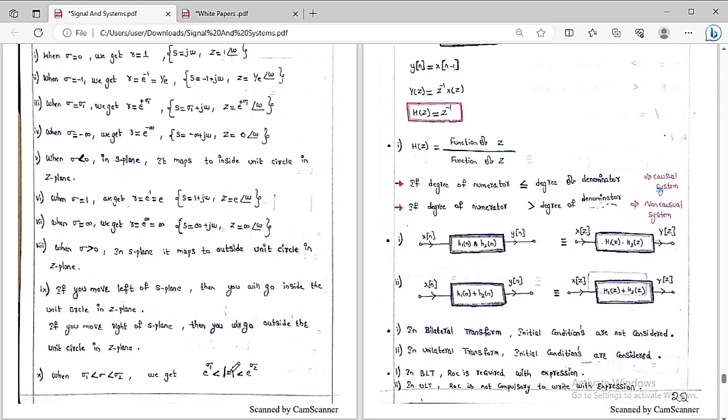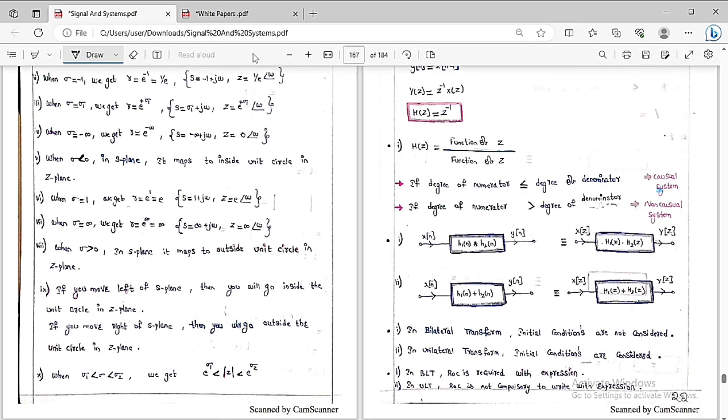So mod of z, which is r, is going to lie from e to the power of sigma 1 to e to the power of sigma 2. So these things always you have to keep in your mind.